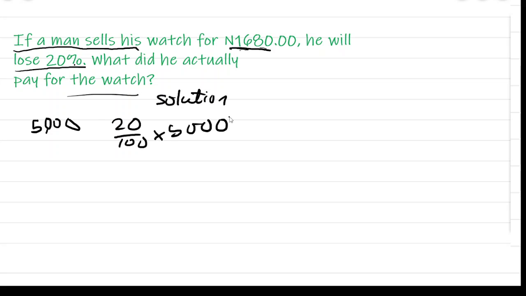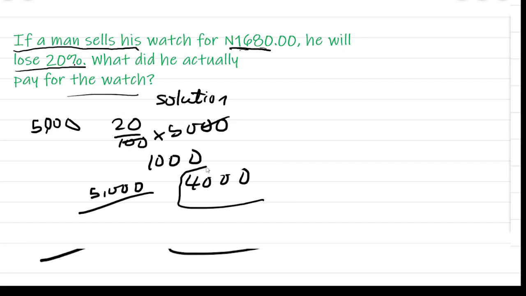The two zeros cancel out, so that is 20 times 50, that is 1,000. So if he bought the watch for 5,000, for example, and you sell it for 4,000 naira, that means you have actually lost 20% of your money. That is what this is telling us.